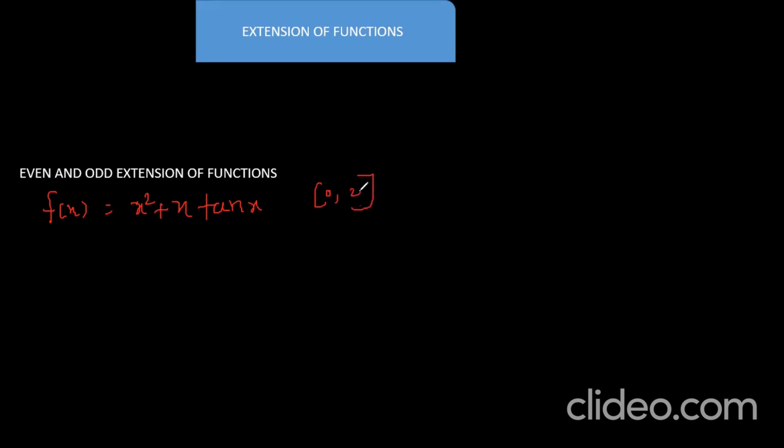Determine both the even and odd extensions of f of x on (-2, 2). You have to find the even and odd functions on this. So can I write g e of x is equal to the even function x square plus x tan x, and it is going to be 0 less than or equal to x less than or equal to 2.